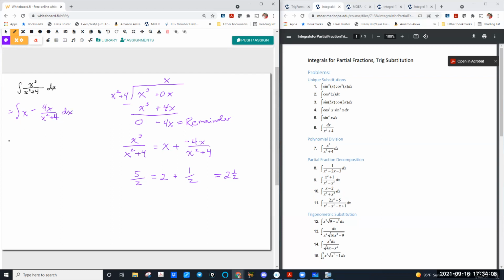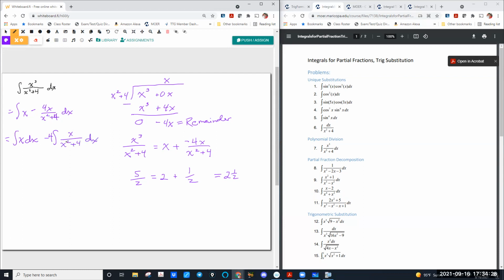We're going to do this integral piece by piece. So I'm going to do an x dx, which is a nice easy one, minus, excuse me, I'm going to pull the 4 out because it's a constant, x over x squared plus 4 dx.